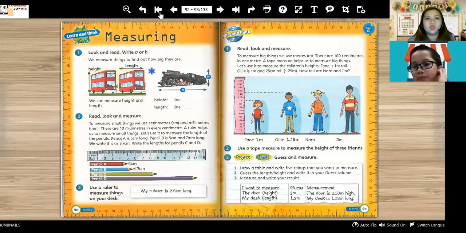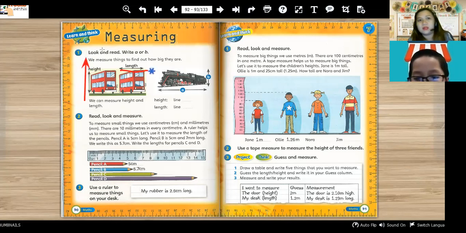Yes. Okay, so I want you to remember when you say length, this is how long. While the height here is how tall. Is it short or tall? Is it clear? Yes, it's clear.